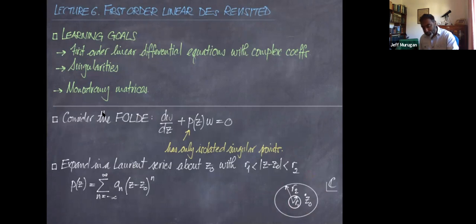The values of Z all lie inside the annulus, which has an outer radius of R2 and an inner smaller radius of R1.